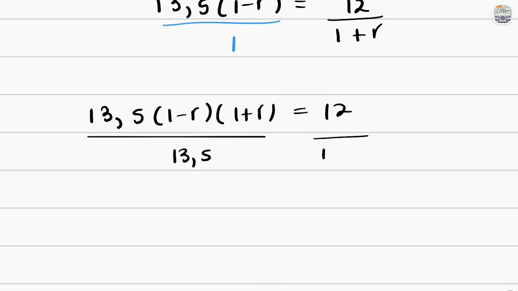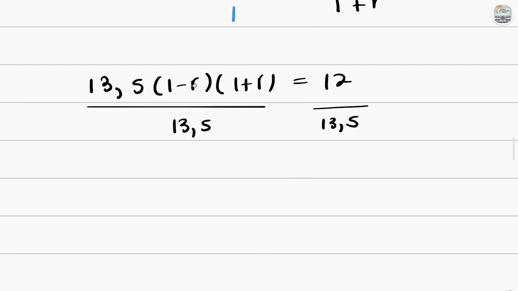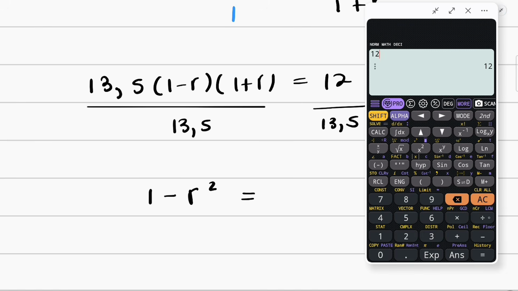So this is divided by 13.5, and we'll find out what that is. Now 1 minus r and 1 plus r, this is the product of factorizing difference of two squares. So that is 1 minus r squared is equal to, and let's find out what 12 divided by 13.5 is. Okay, so as a fraction, that's 8 over 9.